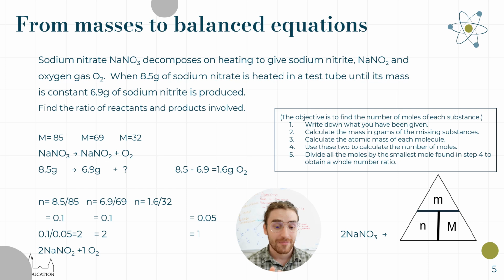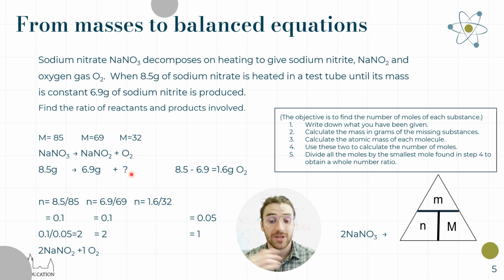But the ratio of moles can give us how many molecules of each molecule there are. So as we can see in here, we have been given our mass numbers. We calculate our atomic masses, and in this case what we want to do is find the mass of oxygen.